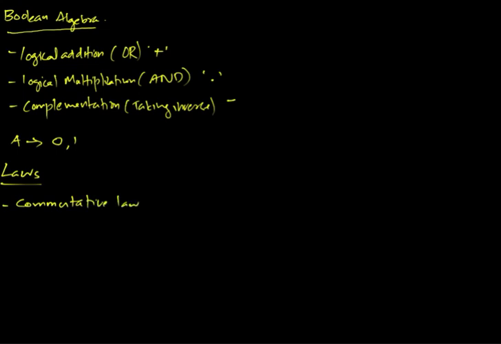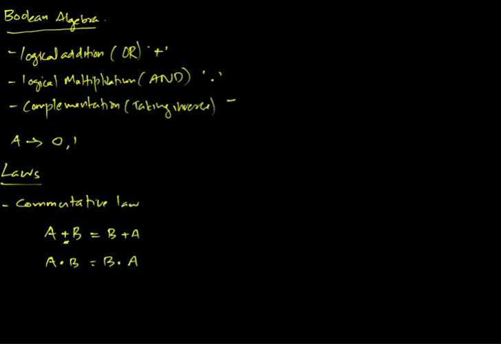I am not going into much detail of this law. If you consider two variables A and B, then the commutative law says that A OR B, where OR is the logical addition, is the same as B OR A. And for logical multiplication, A AND B is equal to B AND A. Here you can see that the order of the variables is immaterial, so that is called the commutative law.